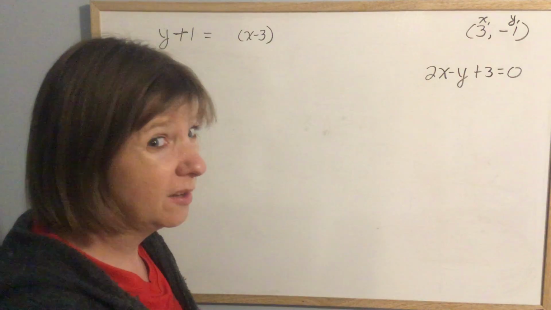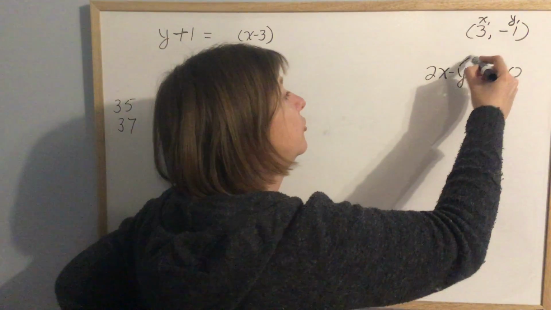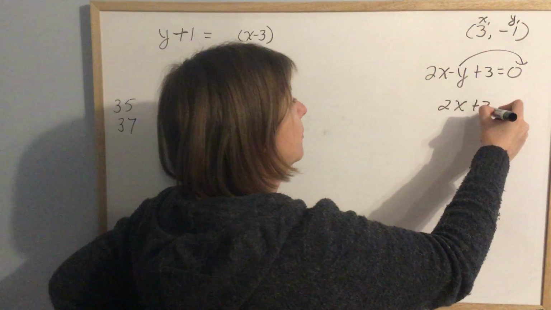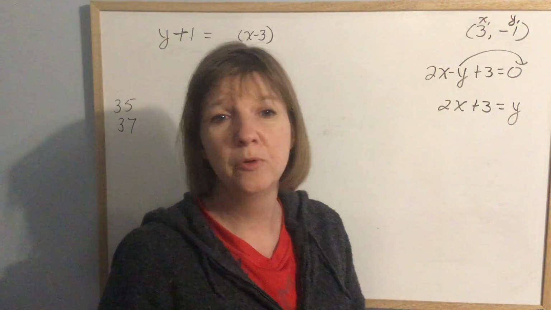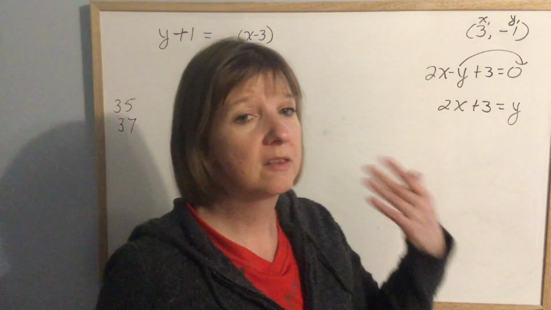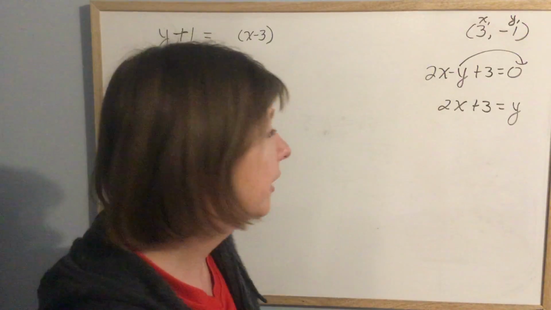Now for me, because I'm lazy, I would probably just move the minus y over here so that I have 2x plus 3 is equal to y. It's just one step. It's just moving one thing. It doesn't matter if the y is on this side and the other stuff's on this side. As long as your y is isolated and positive, it doesn't matter which side.